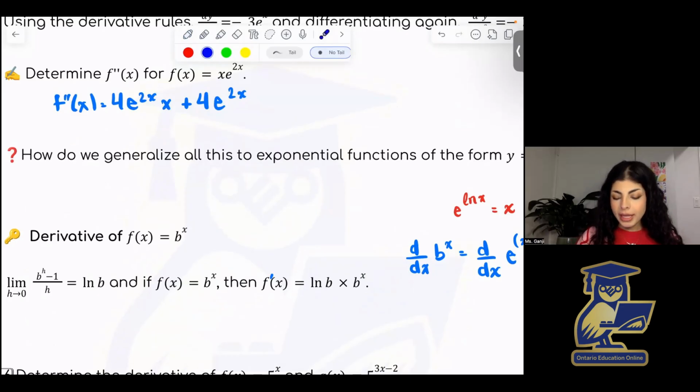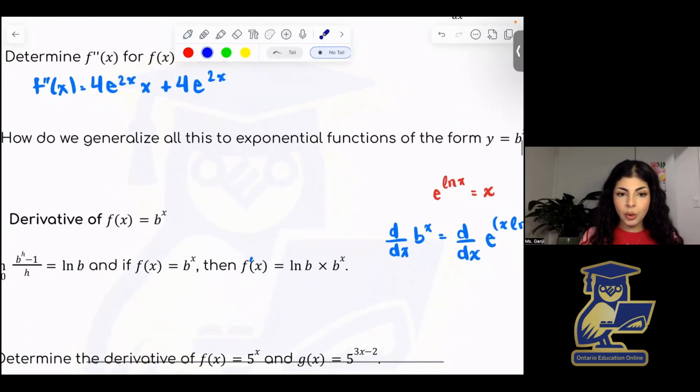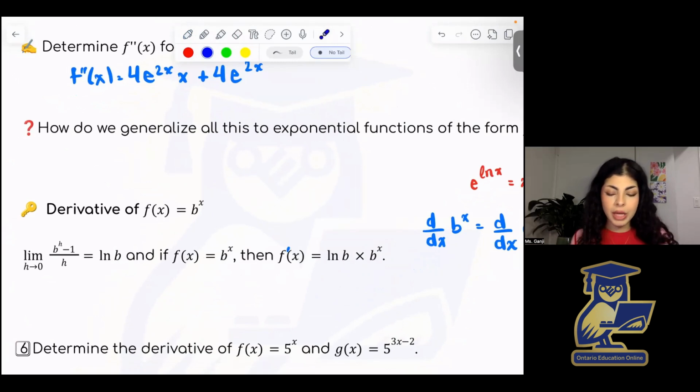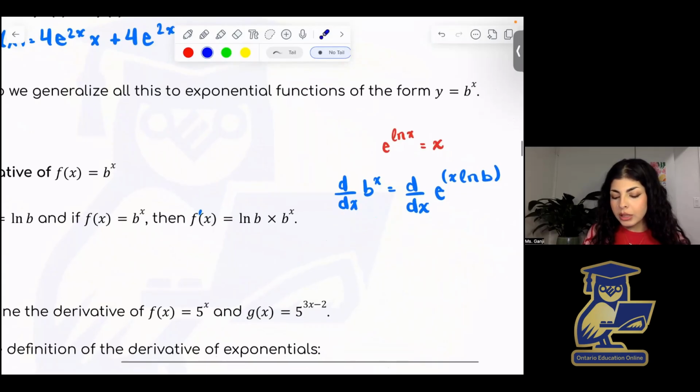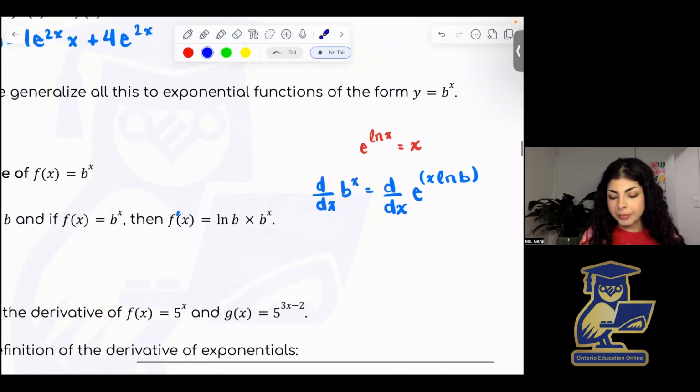And so why this happens, and you don't need to know this for the sake of this course, but I am going to show you a little bit of why that happens. It starts with this property of the natural log, which is when we have e to the power of the natural log of x, this is just equal to x.